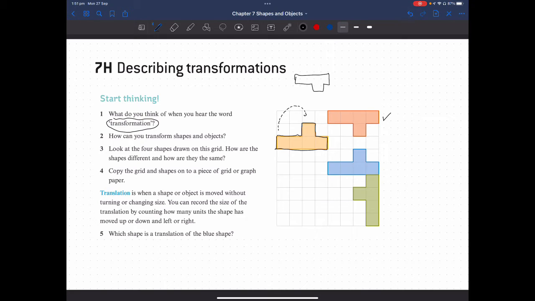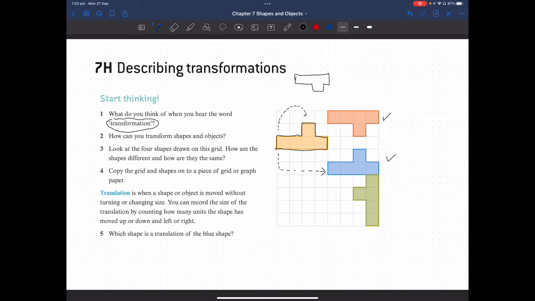If I got the shape in the top corner and I turned it upside down, I would get the blue shape. But that is the same as if I took the orange shape and moved it down, then moved it across.